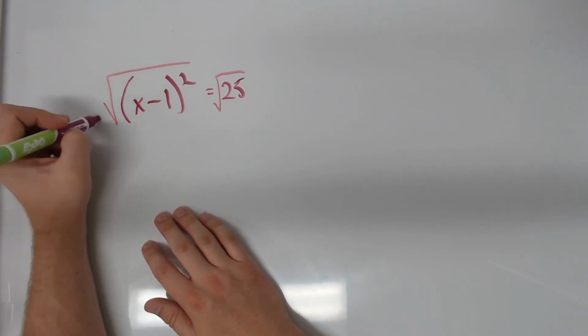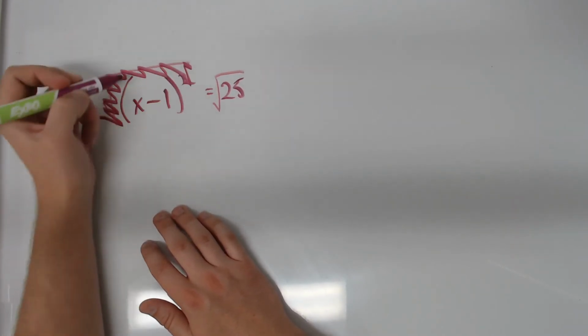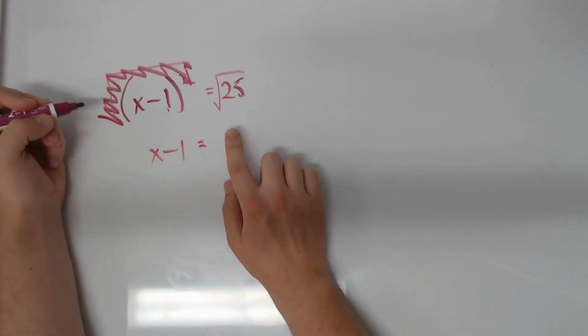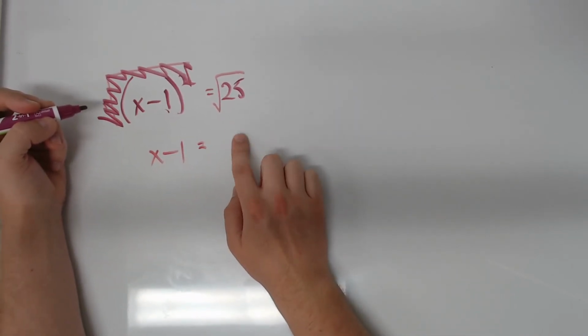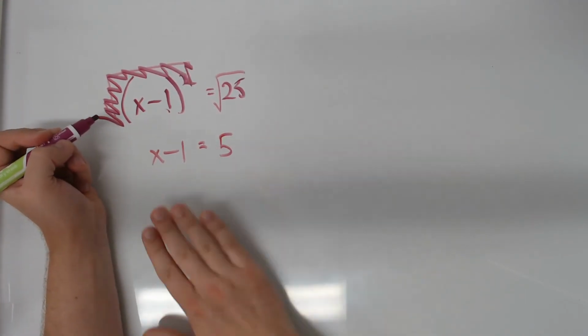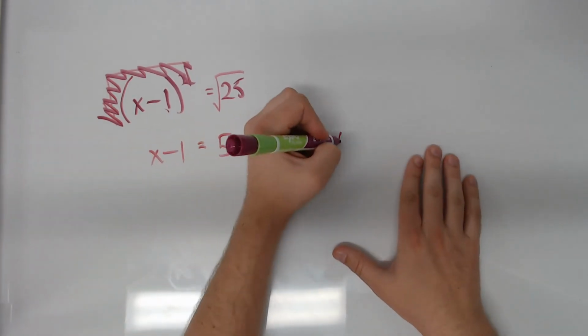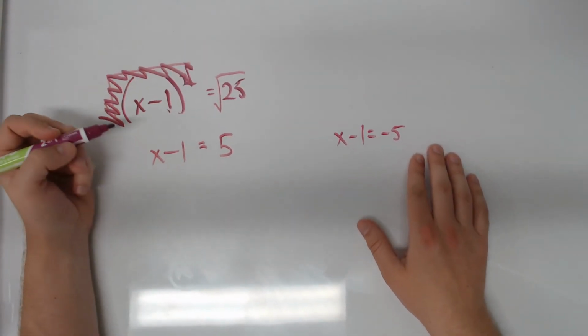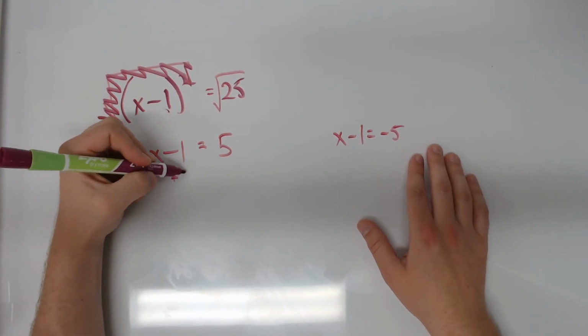So it gets rid of the exponent, and I'm just left with the x minus 1. And then the square root of 25, we're square rooting a positive number, so I get two answers, +5 and -5. This might remind you a little bit of solving absolute value equations back in first semester.